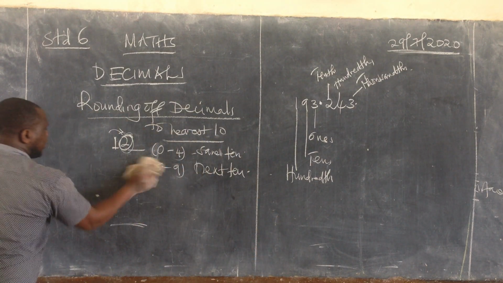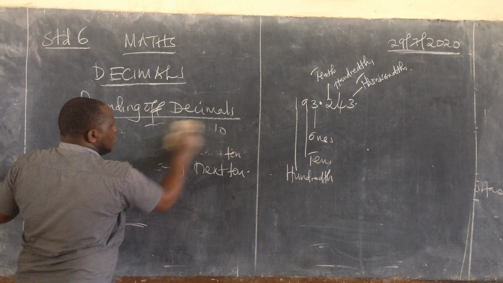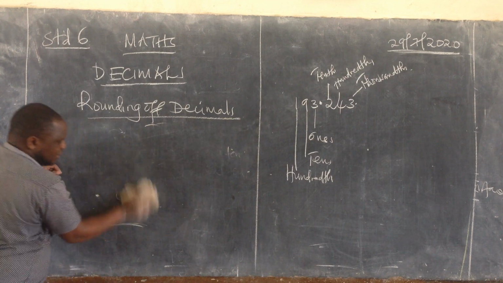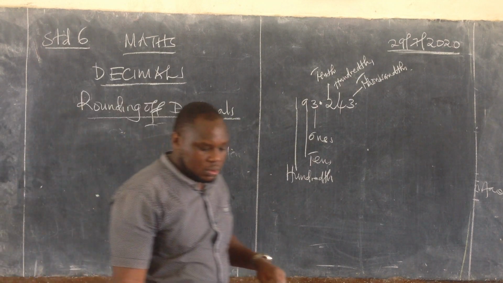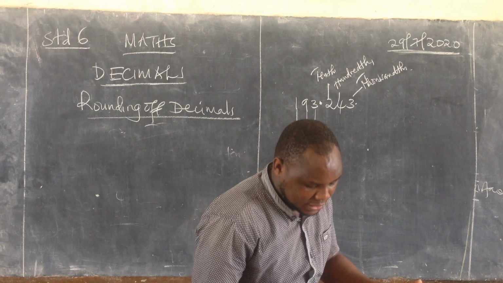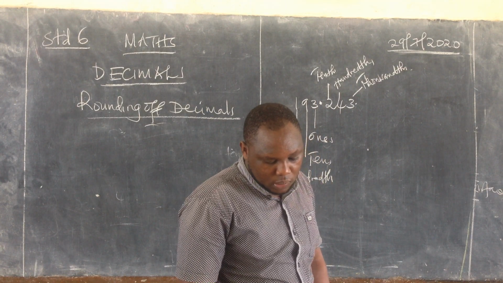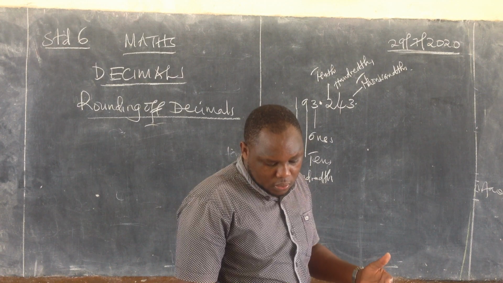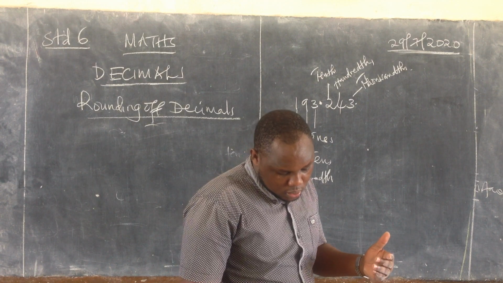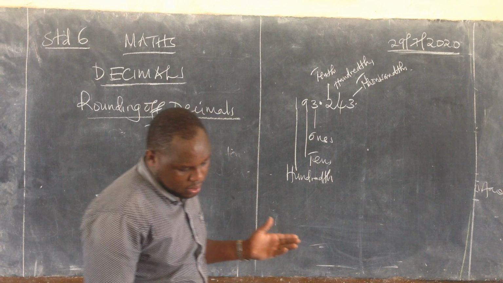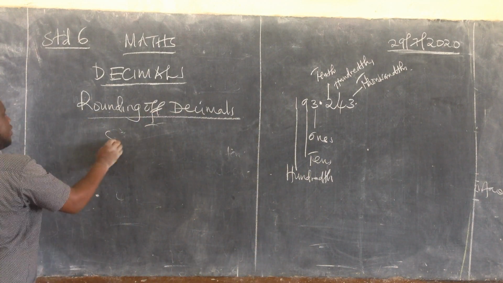And in this case, we are going to deal with numbers that are decimals. For example, you can be given 5.3827.